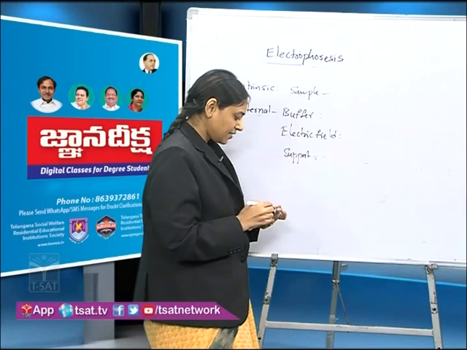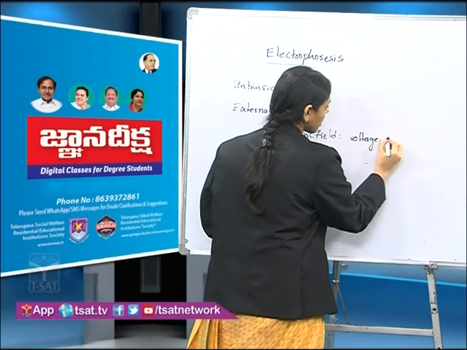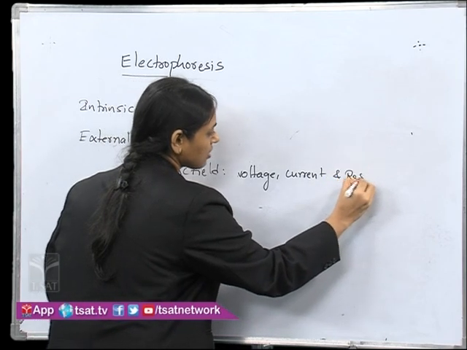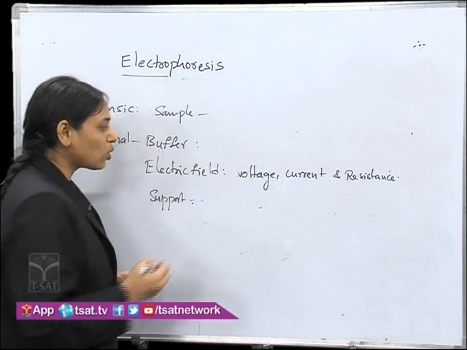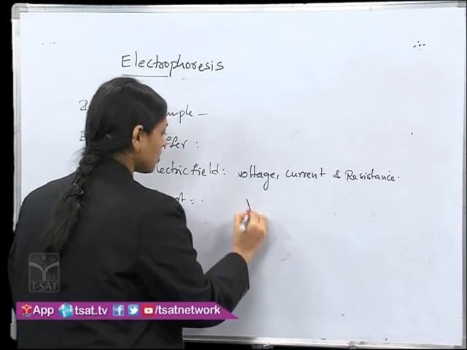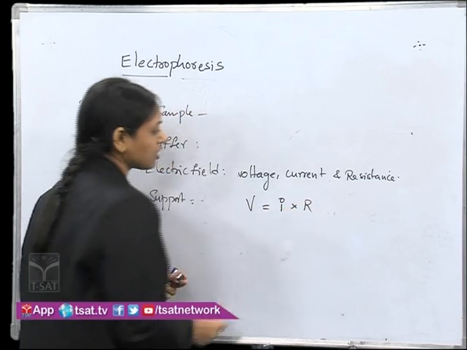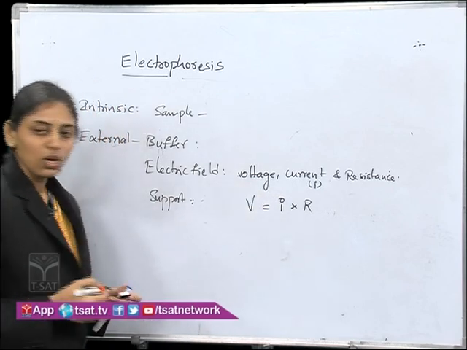And electric field, this has voltage, current and resistance. This could be explained by a simple Ohm's law. Voltage equals current into resistance. Here I is current, R is resistance and V is voltage.